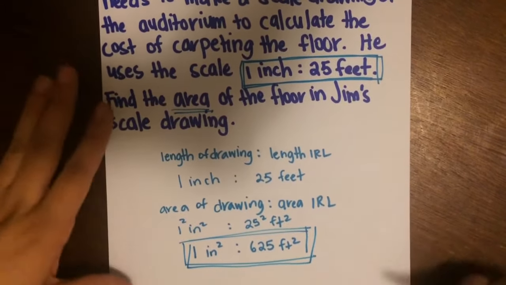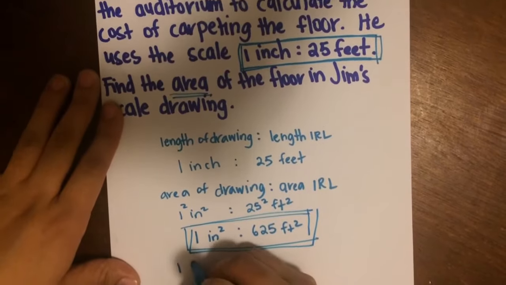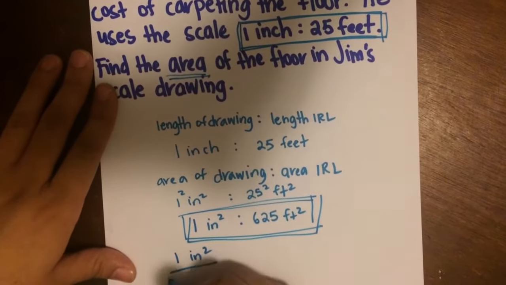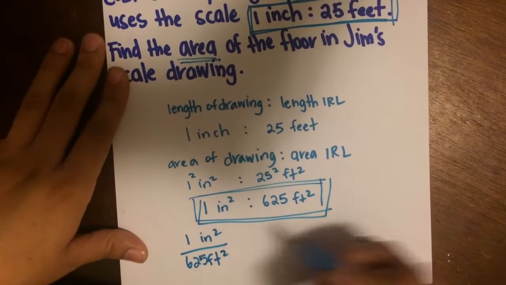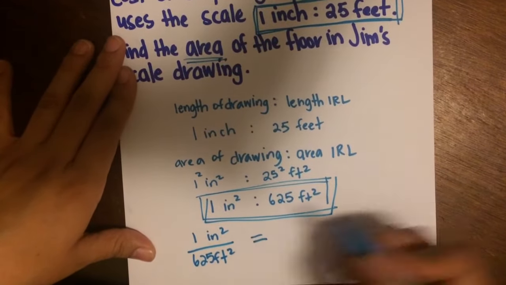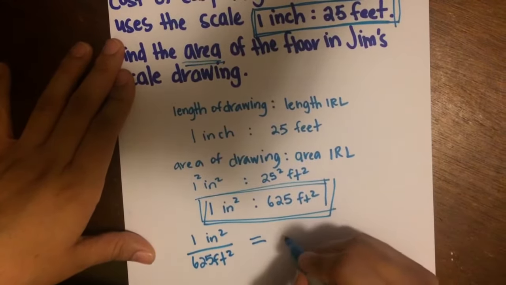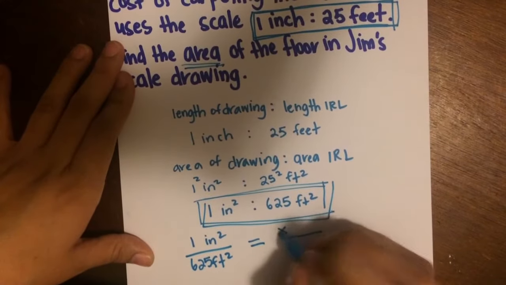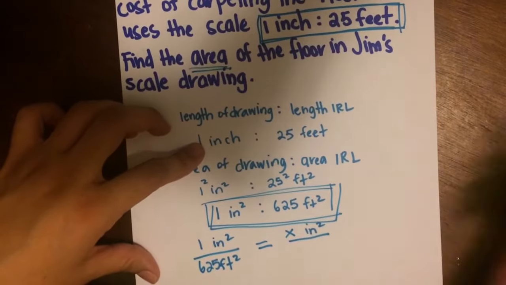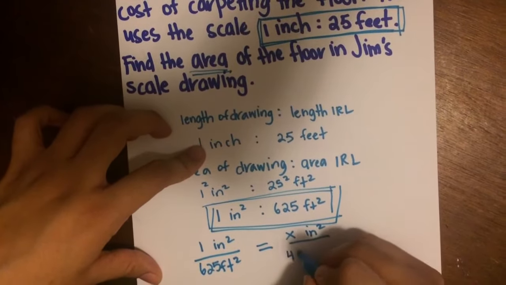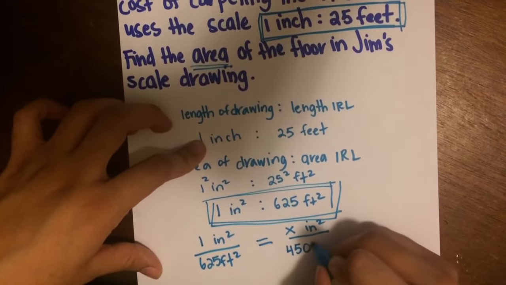So I'm going to set up my proportion to be 1 inch squared over 625 feet squared is equal to, I don't know how many inches, but I do know it has to go on top since that one's on top. And then my feet was 4,500 square feet.